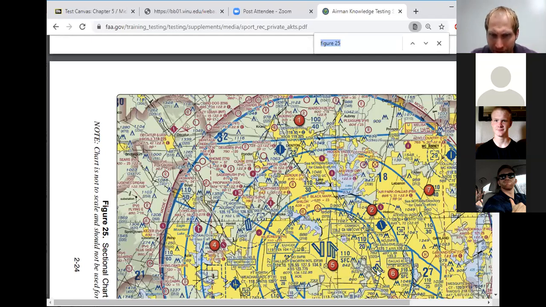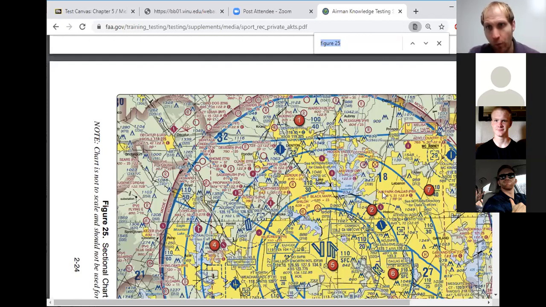I said that wrong. That's down here. Addison. So here it is. Addison blue is this airport Delta. And then magenta is our uncontrolled airport, Air Park, Dallas. So you do not need clearance to land or take off from Air Park, Dallas, but you would need to contact Addison Tower when you enter that airspace for landing.